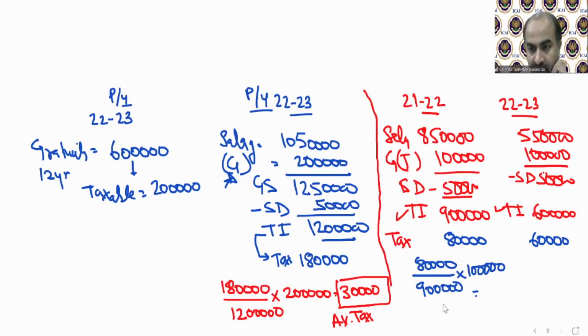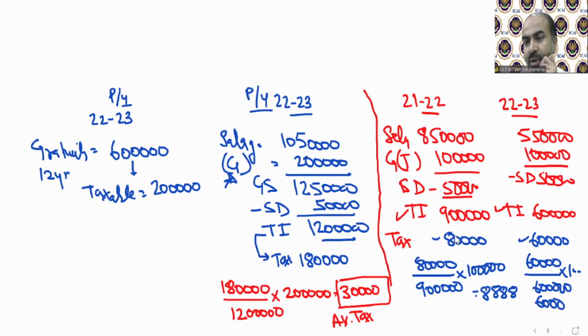This is tax including education cess, etc. Now again, 60,000 has been paid on 6 lakh. So on 1 lakh, how much is paid? That is 6,000.